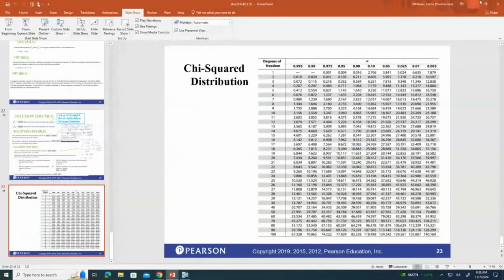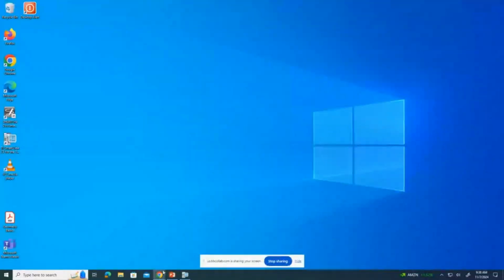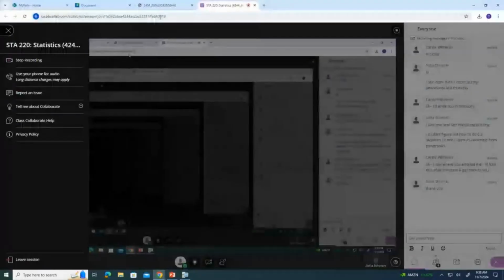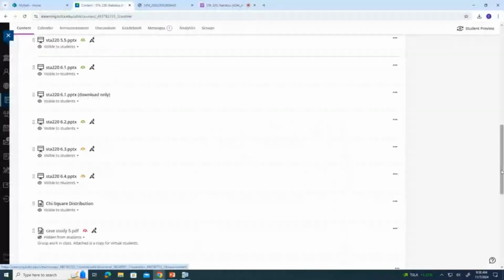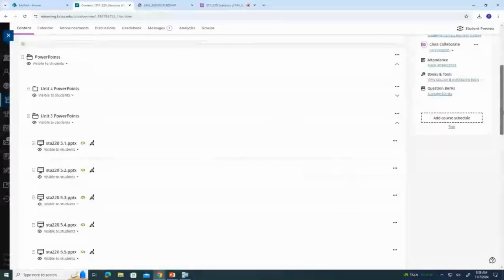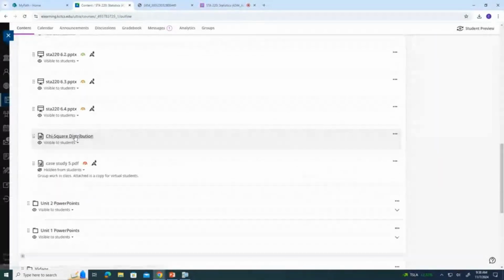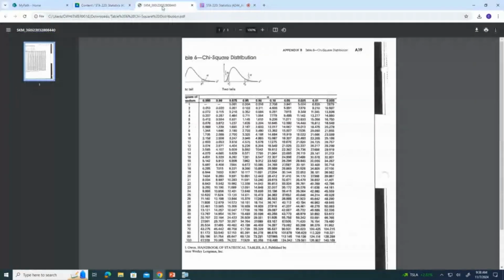So it's the last slide of this PowerPoint, but then I also included it here in the PowerPoint Unit 3 folder. Right underneath the 6.4 PowerPoint, I have the chi-squared distribution there. So when you click on it, this is what you get, okay?